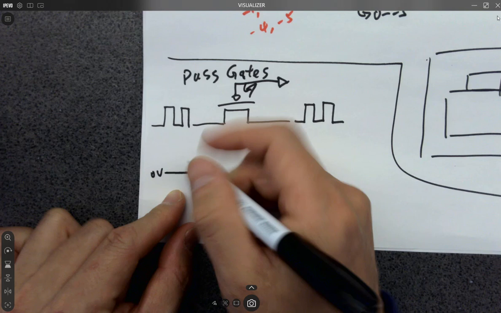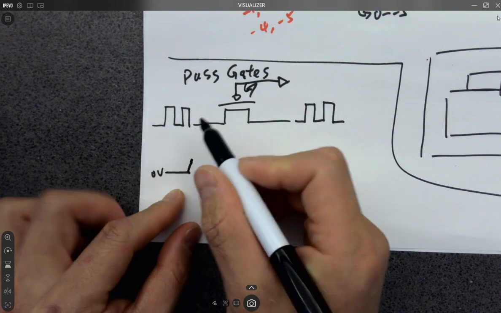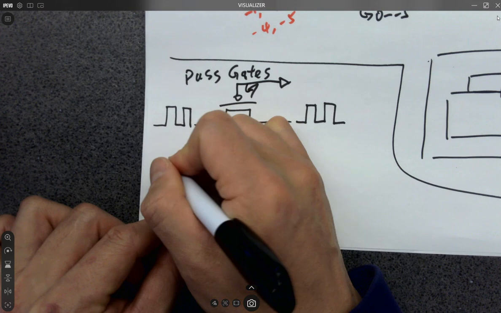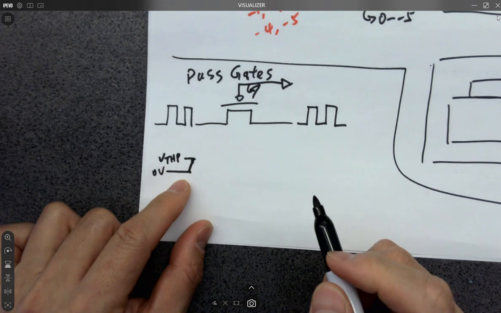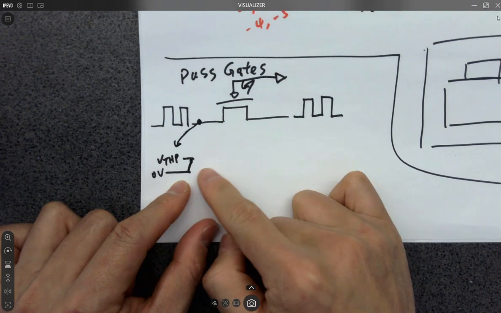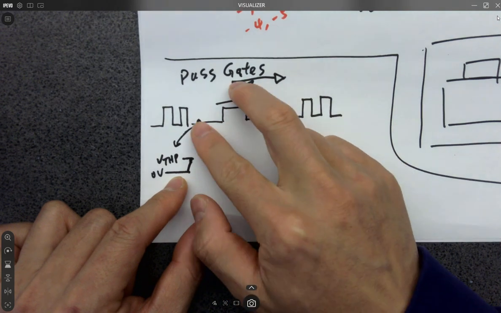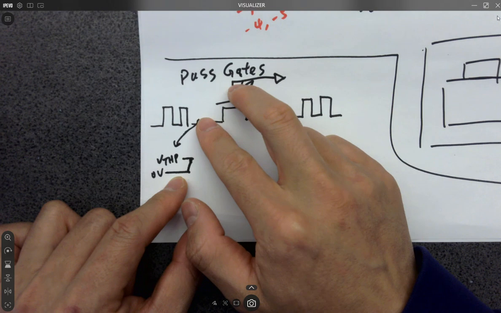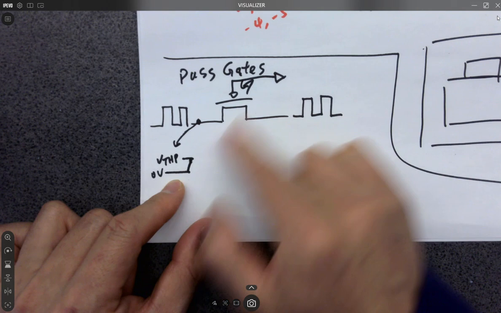Whenever this starts rising, like a pulse starts rising, whenever it reaches what? VTHP, what's going to happen? The voltage here reaches VTHP, so the S to G drop becomes VTHP because this is grounded.